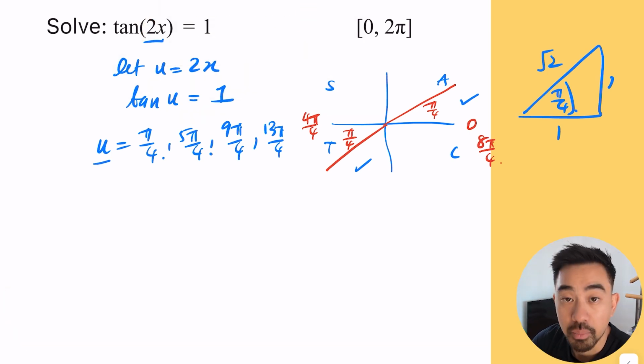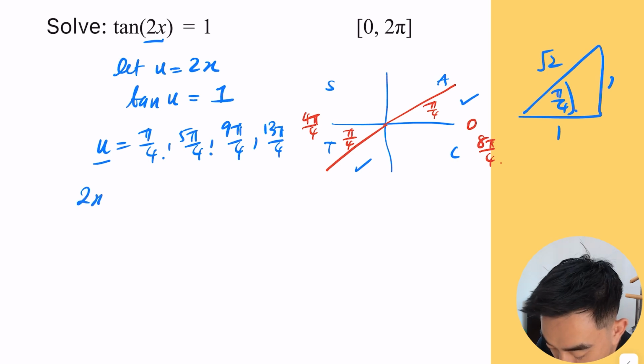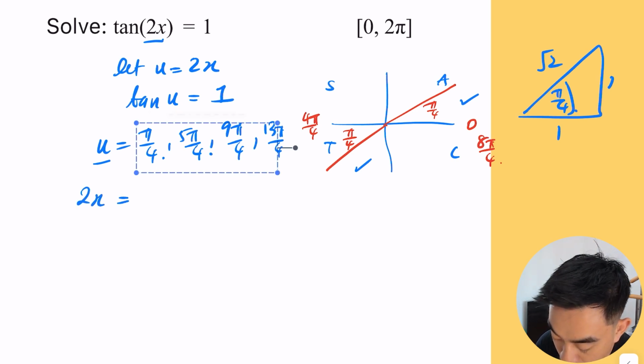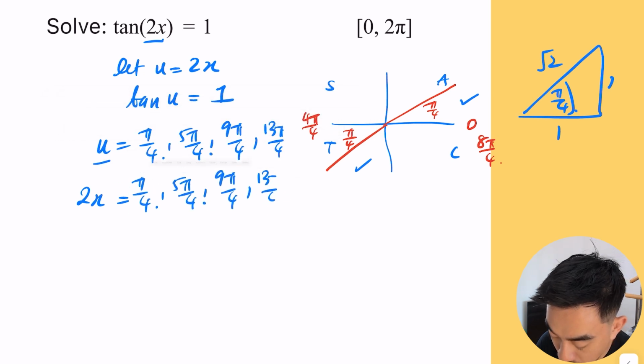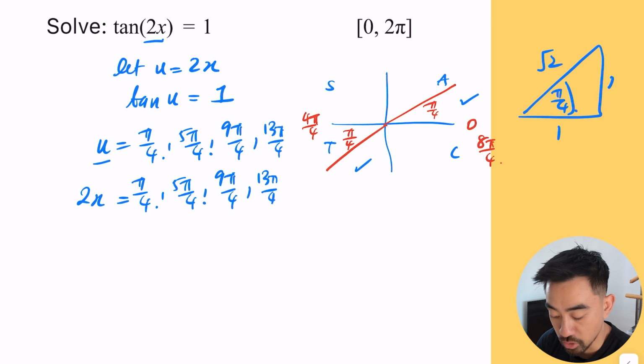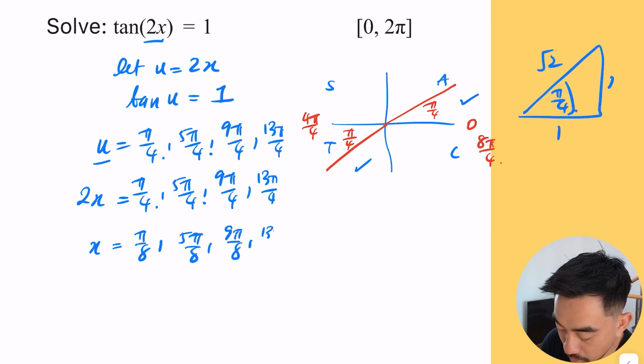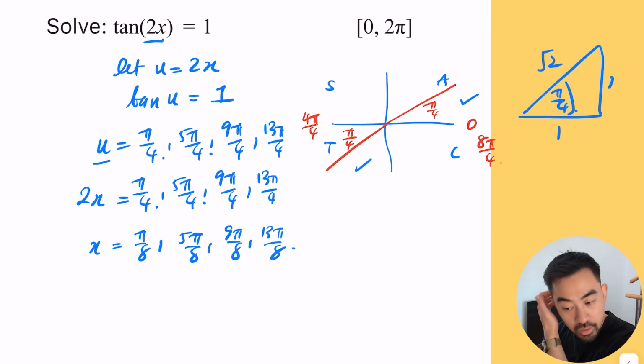Now we just made this thing up, u. u is actually 2x, so I should write 2x is equal to all of the above, and I just solve like a normal equation. So I want to divide both sides by 2. So x is equal to pi on 8, 5 pi on 8, 9 pi on 8, and 13 pi on 8. Okay, then you're done.